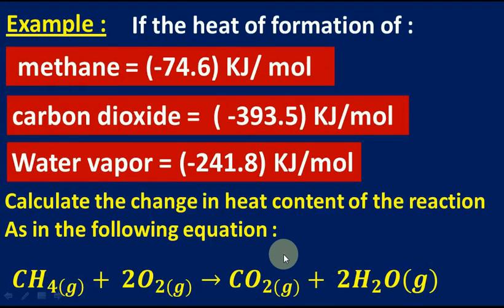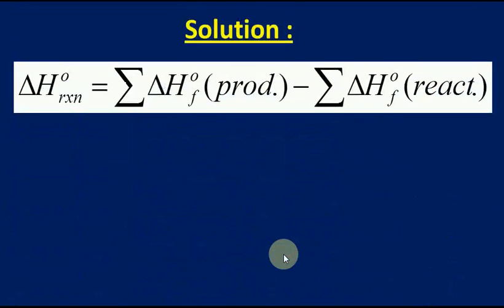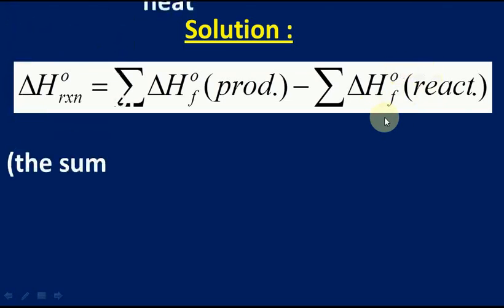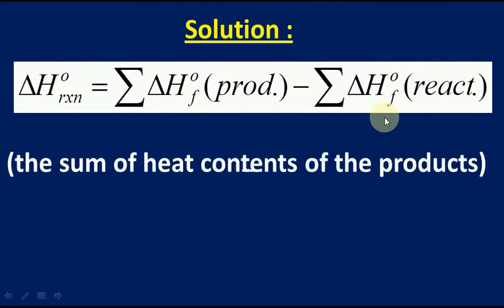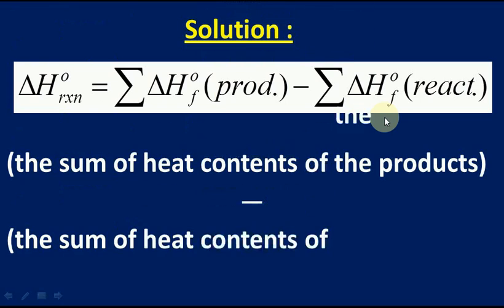I want to calculate delta H. Delta H of the reaction equals the sum of the heats of formation of the products minus the sum of the heats of formation of the reactants.